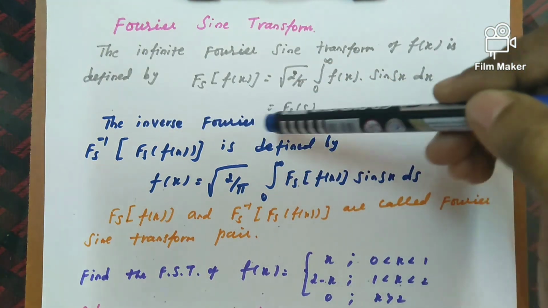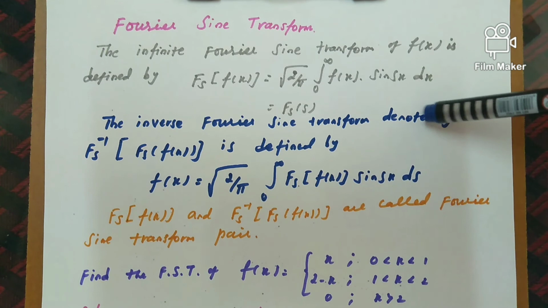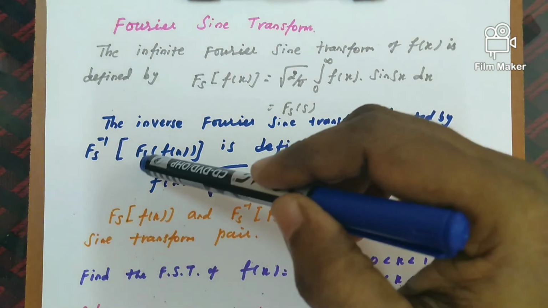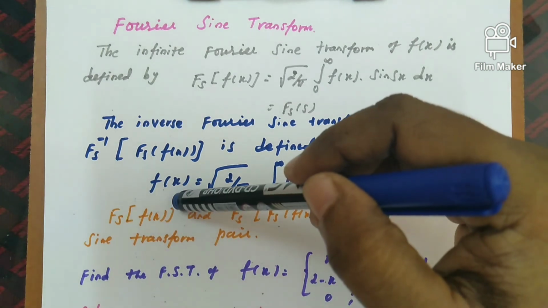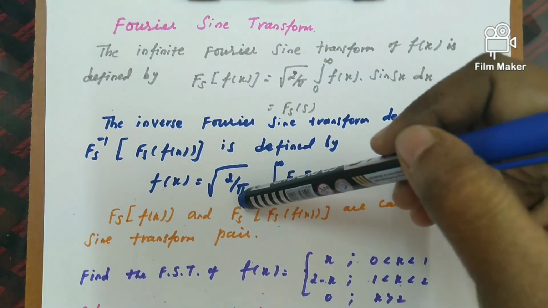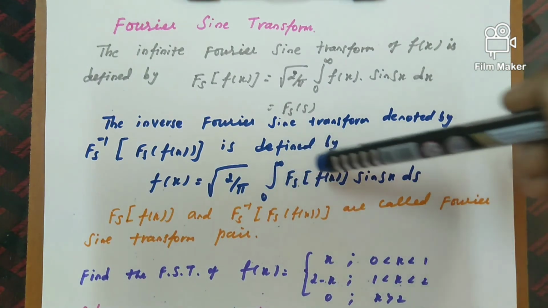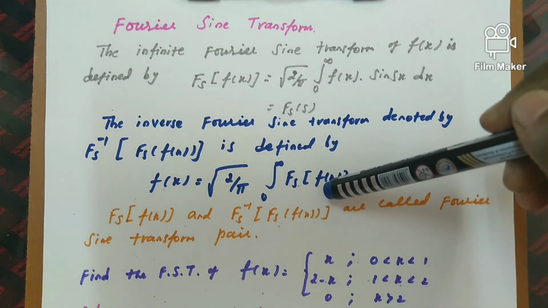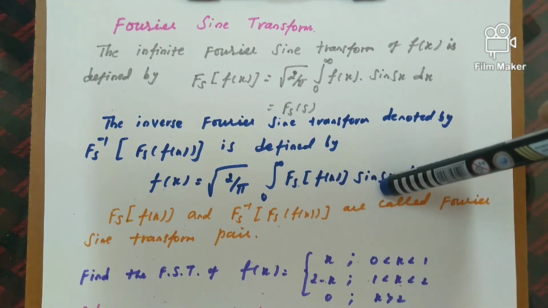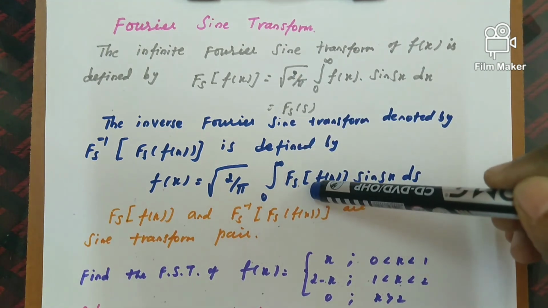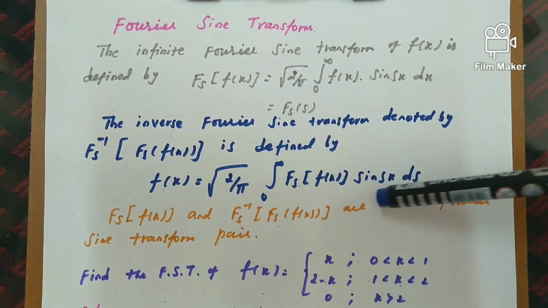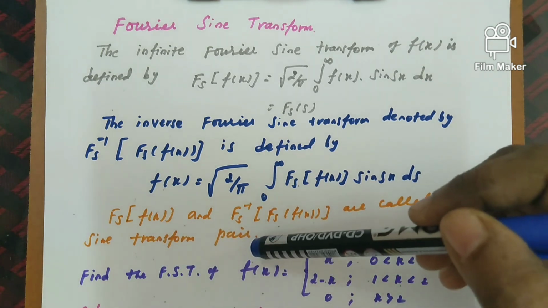The inverse Fourier sine transform, denoted by F_s inverse of F_s of f of x, is defined by f of x equal to root of 2 by pi integral 0 to infinity Fourier sine transform of f of x sin sx ds. So the first formula and the second one, both are called the Fourier sine transform pair.